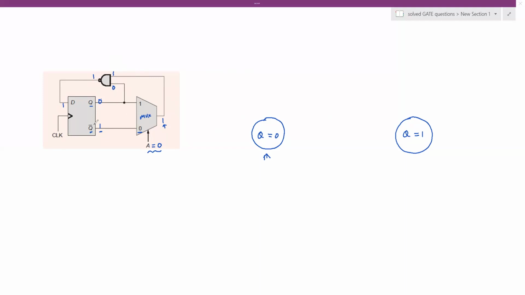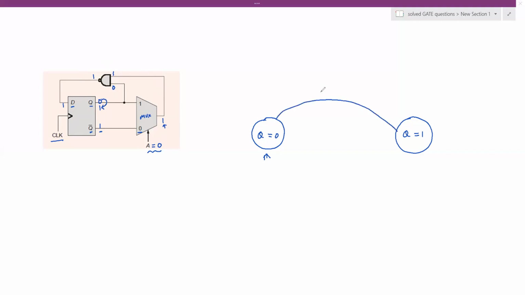So what we understand, when the clock has arrived, this is how the transition cycle is going on, and this D has input 1, therefore Q becomes 1. So from previous state of 0, the Q now becomes 1. So I would draw the transition like this.